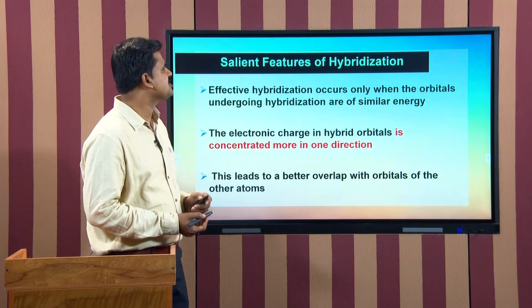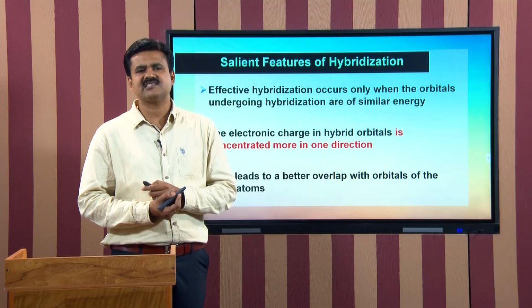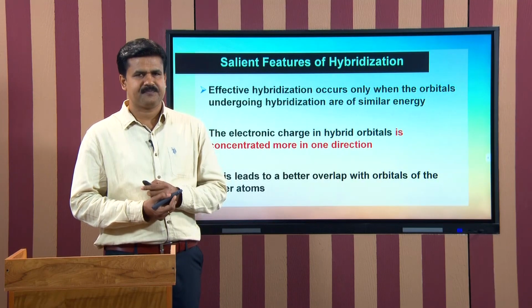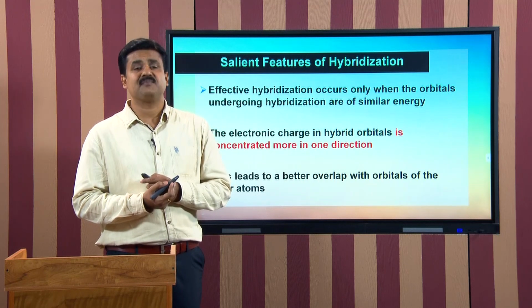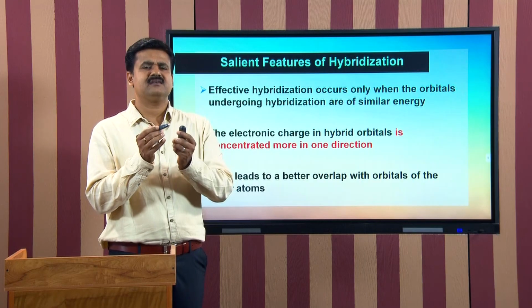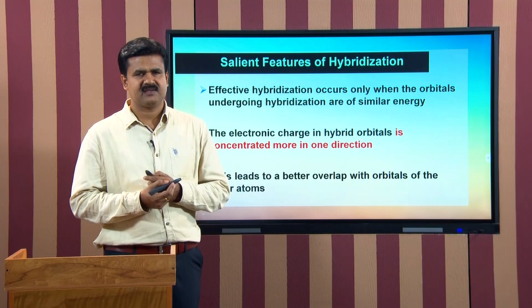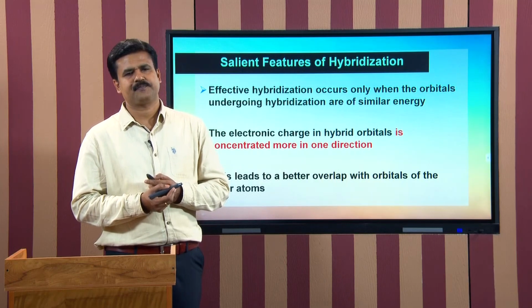Effective hybridization occurs only when the orbitals undergoing hybridization are of similar energy. This implies that the participating orbitals must have nearly the same energy. Orbitals with a huge energy difference will not be effective in hybridization.